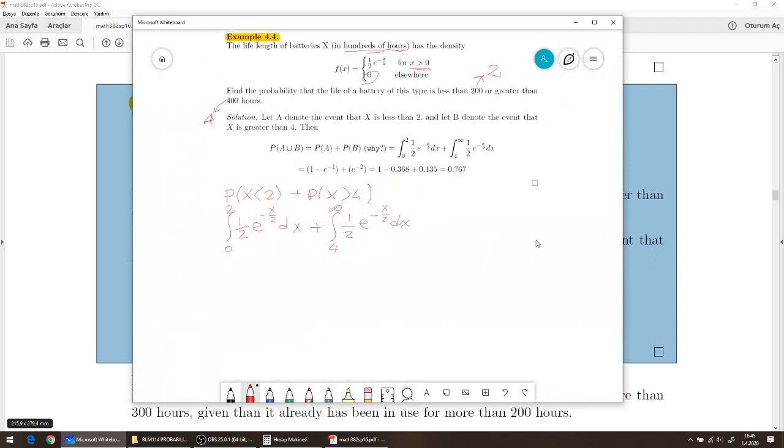The integral of this function is 1 over 2, the function itself, over minus 1 over 2.